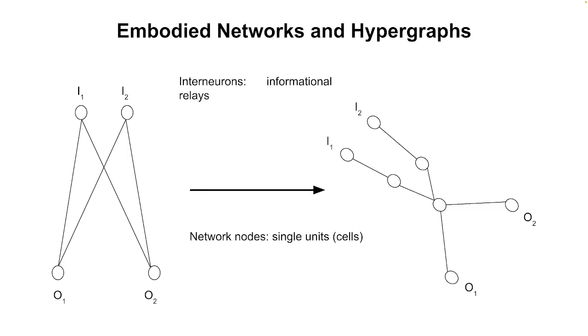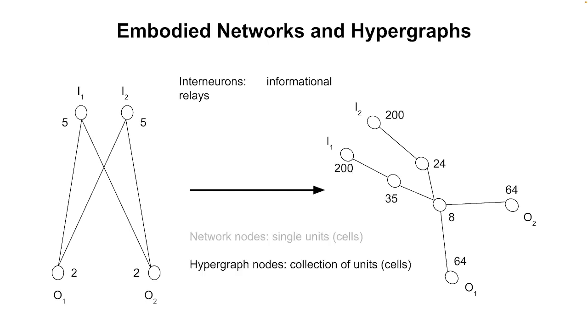Sometimes they summarize different paths of information. Sometimes they disperse them across a number of cells or interneurons. And so this is a way we can build a more complex network that's embodied, and that maybe can actually do some sort of behavior. So these are informational relays that can go from input to output. And so we can embody these networks in that way.